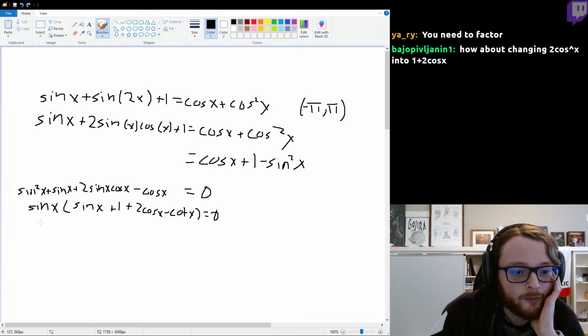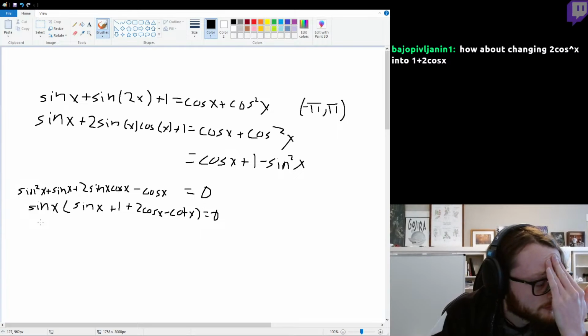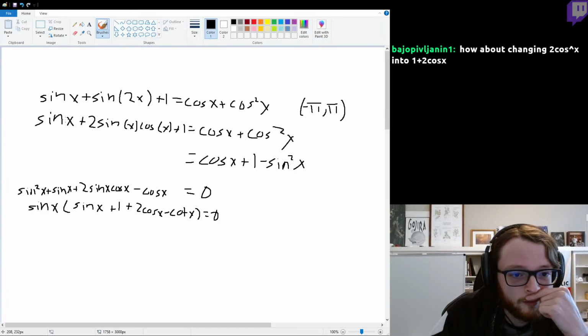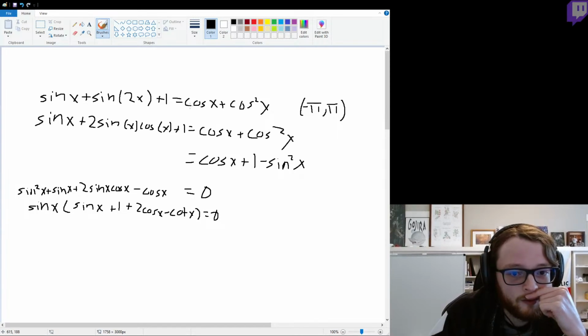Anything with sine x equals 0, I guess, in theory works. Is that even true? Sine is 0, but 0 isn't a solution, so I did something wrong. Or are we just getting superfluous solutions, because not everything is bidirectional? At 0 you get 1 equals 2, so 0 definitely isn't a solution.